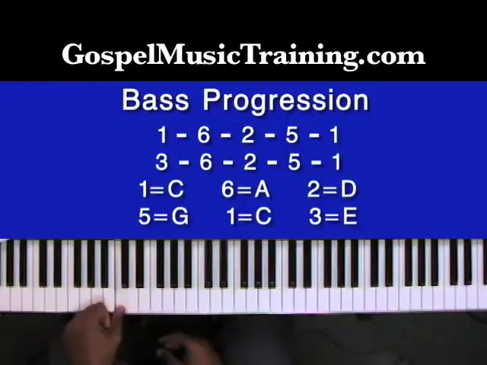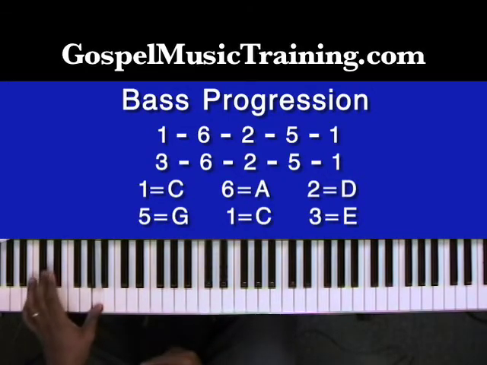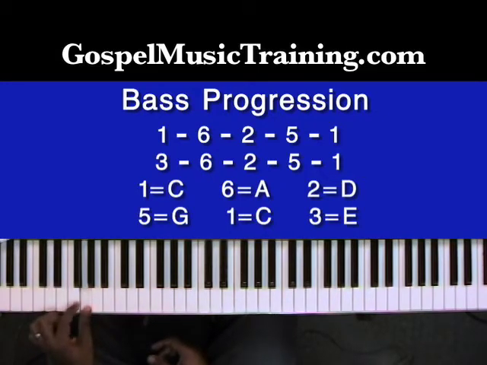So I went from the first key of C, which is C, to A, which is the sixth tone of C. I'm helping you cheat right now, but you really need to know the numbers. Then I went from A to the second tone of C, which is D. I went from D to the fifth tone of C, which is G. And then I did this little walk down.